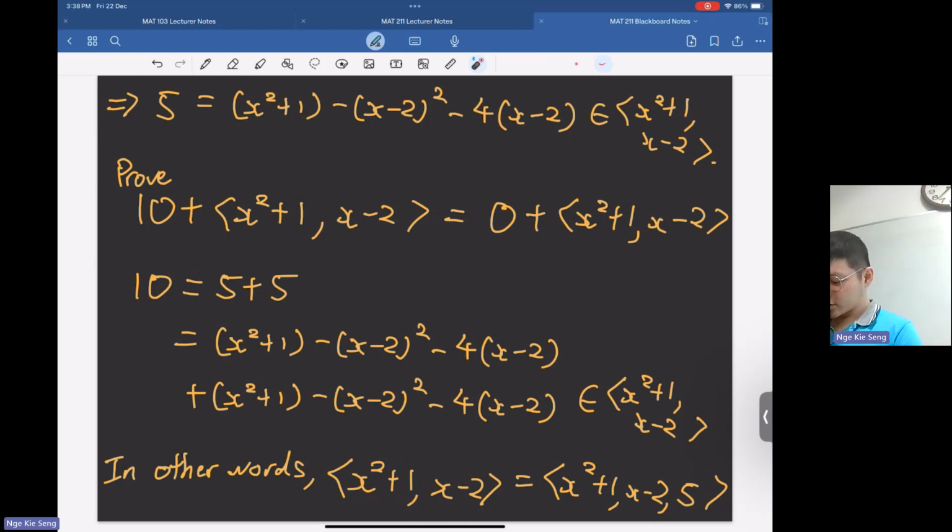Okay, they are equal. So you should check the two subset inclusions here. Are all the elements living in here? This one is obvious. Left to right is obvious. How about right to left?